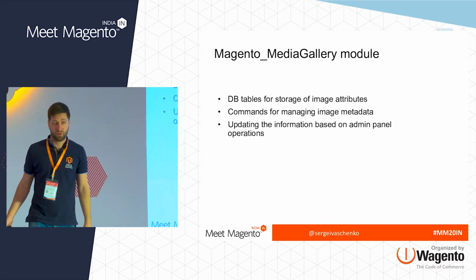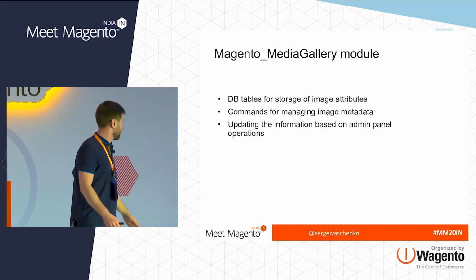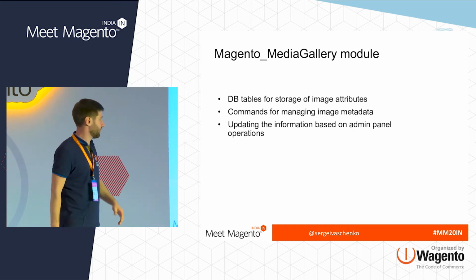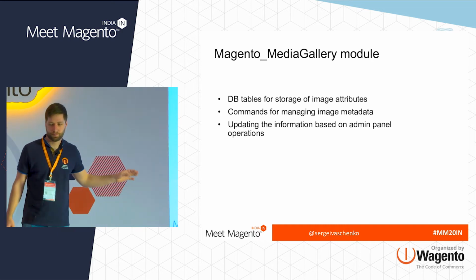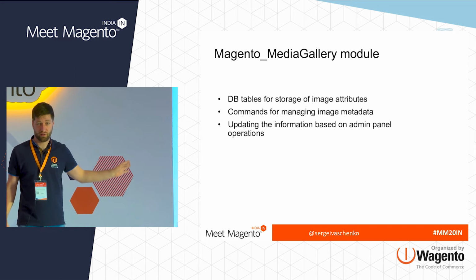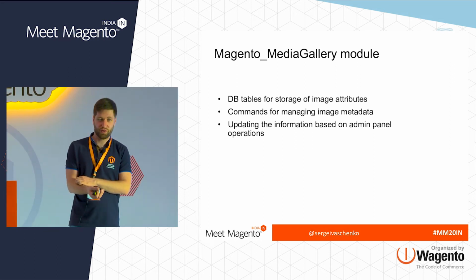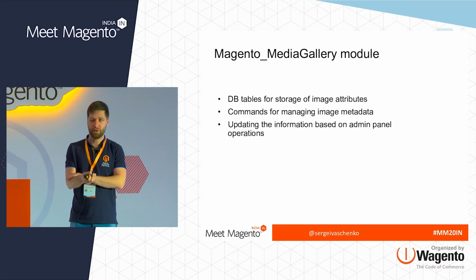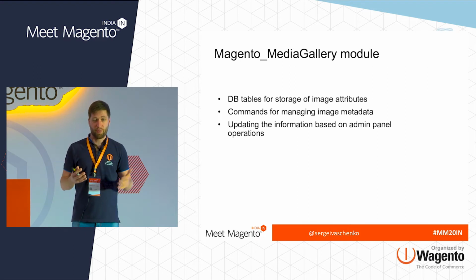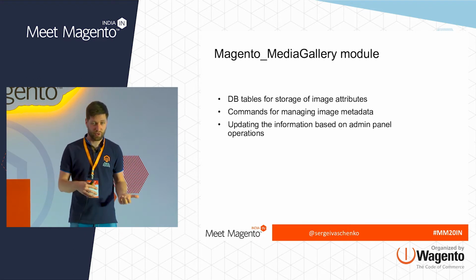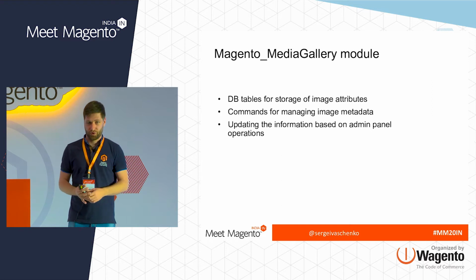Also, one thing that was developed and added to 2.3.4 release was the Media Gallery module. Media Gallery module is a new module in the latest Magento release that provides ability to store attributes of the media. Right now we are storing some basic attributes and keywords for the image.